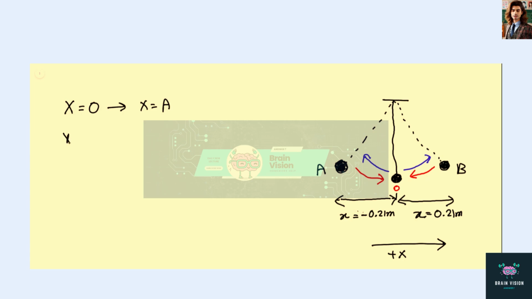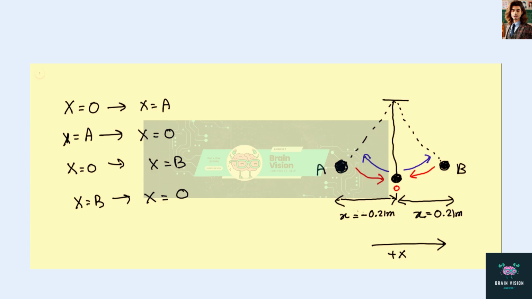So that will be x equal to A to x equal to O. Then it will go on the right. So that means x equal to O to x equal to B. And finally, it will come back. So x equal to B to x equal to O.